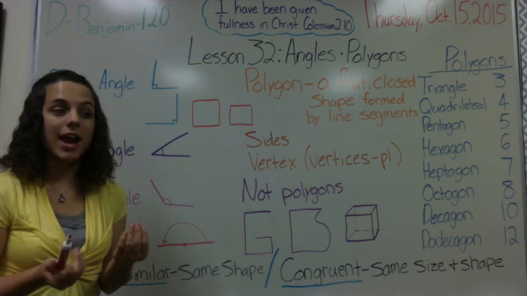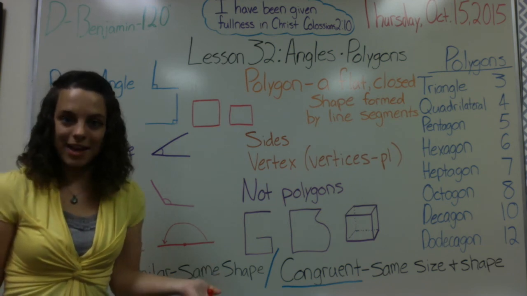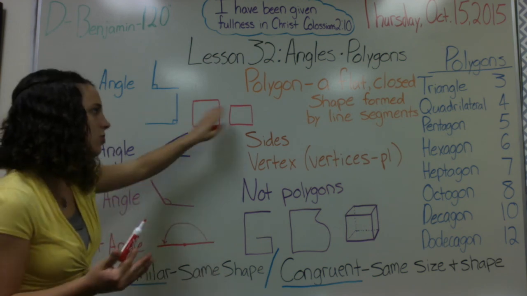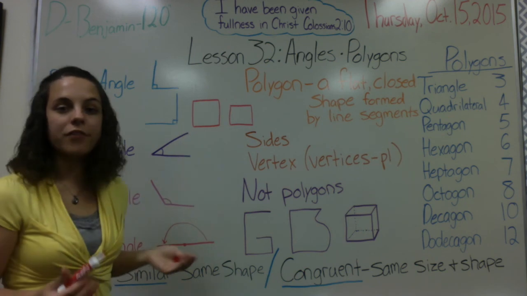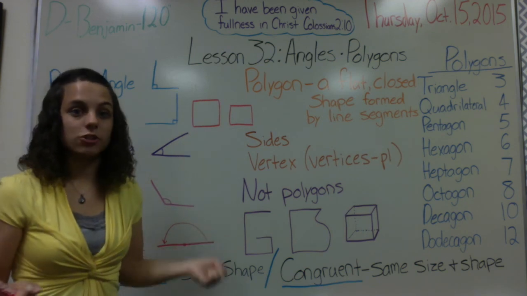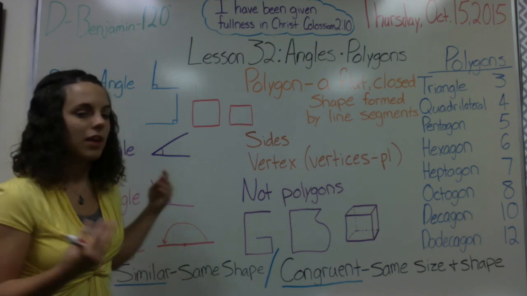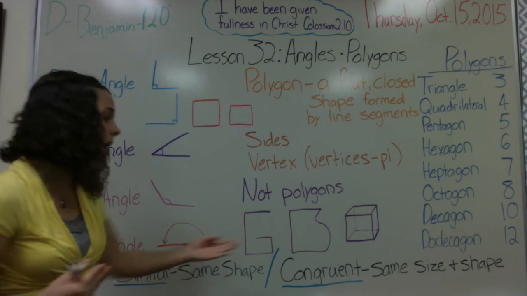Like if I were to say 2 people in our class are similar, they're not the exact same person. They're similar because they have similar traits. These 2 shapes have similar traits because they are both rectangles. Or if I were to have 2 isosceles triangles, they would be similar. But if they were the exact same size, they would be similar, but they would also be congruent.